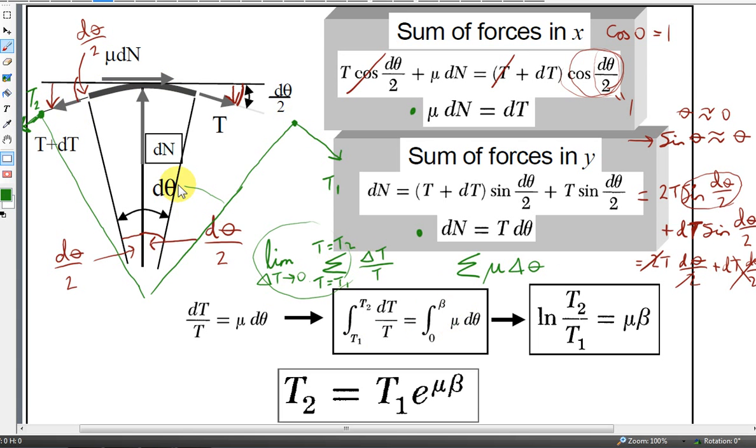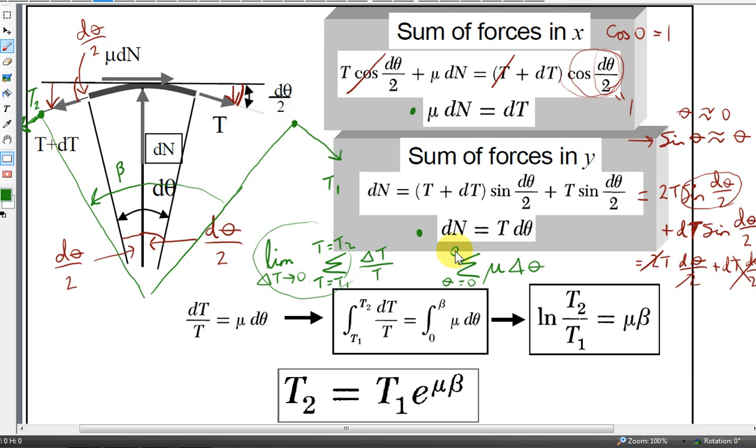Well, theta would run, say, in this direction from a value of 0 here. So this is our reference line for our angle. Theta is 0 here for this end of the belt, and for the other end we'd say the angle is beta. So beta is the angle subtended by the part of the belt that's in contact with the object.